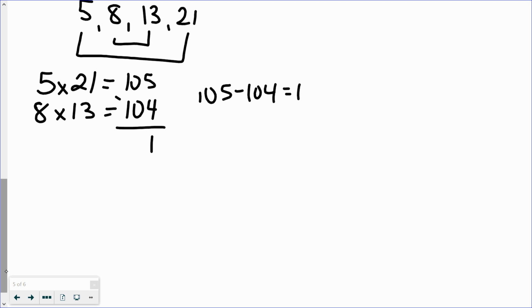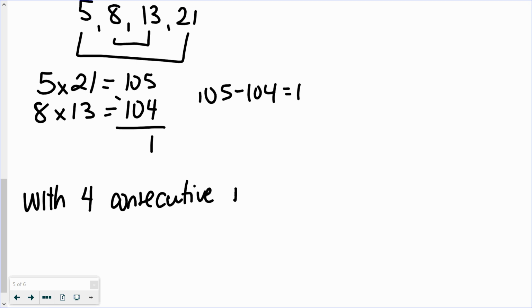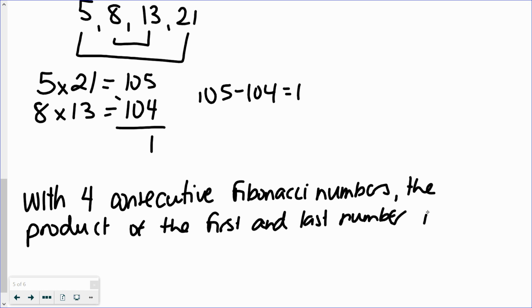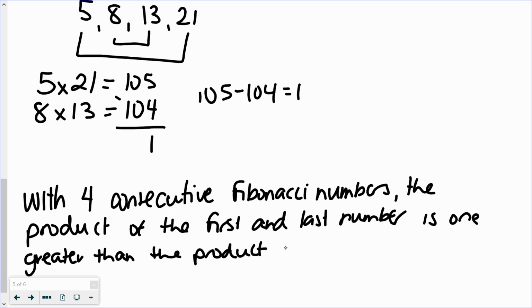So the conjecture that I'm going to make with this one, so with 4 consecutive Fibonacci numbers, the product of the first and last number is 1 greater than the product of the middle numbers.